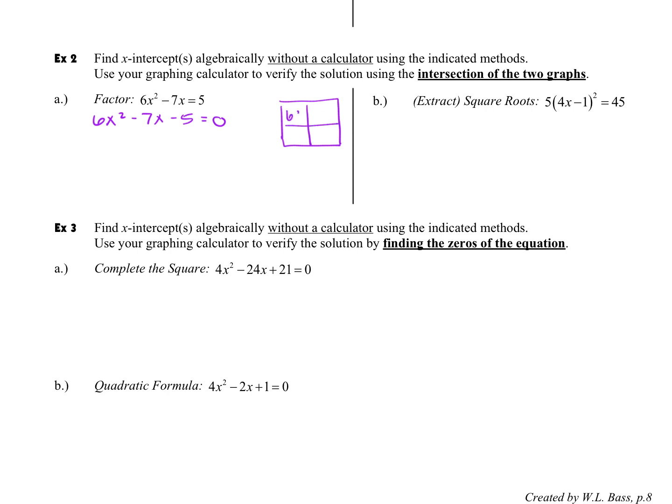We would put our 6x squared here. I would put my -5 here. Then I would look at this and say I'm trying to multiply to a -30 and add to a -7. That would be a 10 and a 3. So I would do a -10 and a +3, and then I would start factoring the greatest common factor from each row and column.